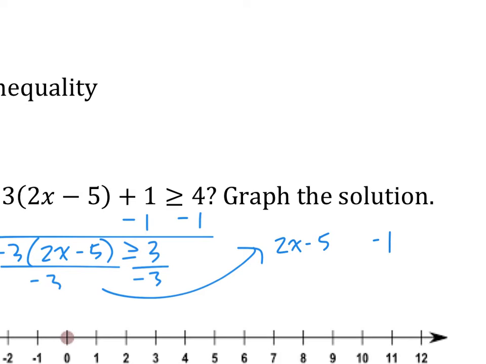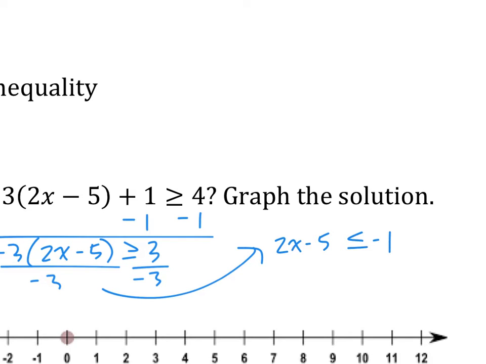What happens to the sign? If I ever divide or multiply by a negative number, I have to switch the sign. This is very important. A lot of people make this mistake. So you have to switch the sign when you multiply or divide by a negative number.